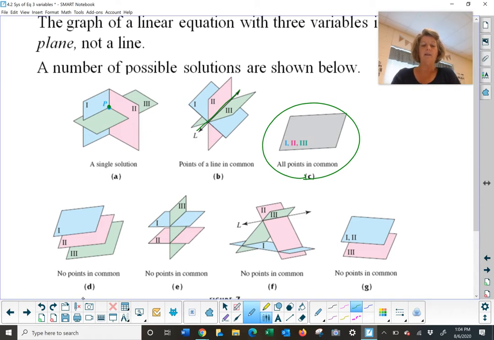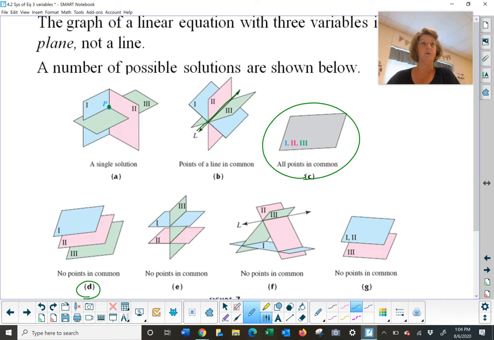This letter D is showing no points in common. So you're seeing floating planes that are running parallel. We can have parallel planes that never intersect. For E, we can see that there is a vertical plane and two horizontal planes that are parallel. And this would create no common points to all three planes at the same time.